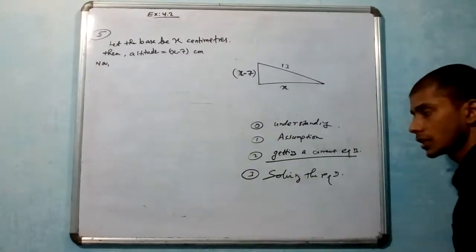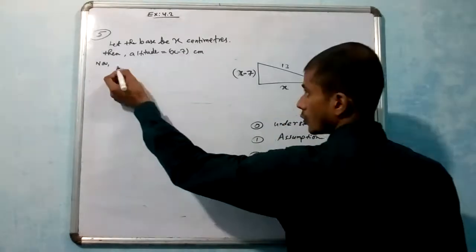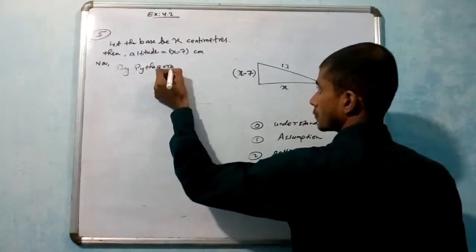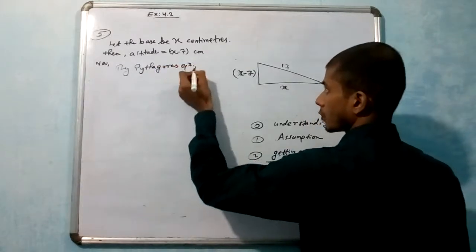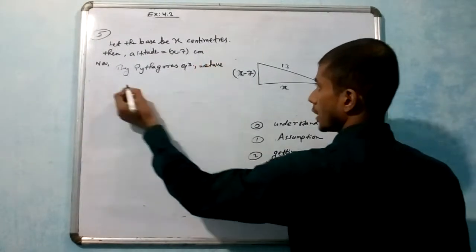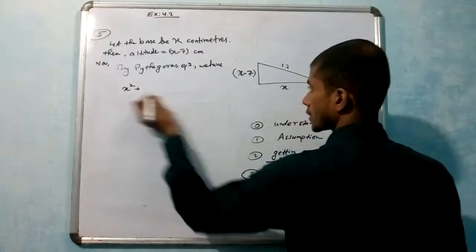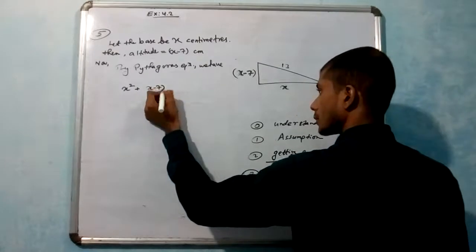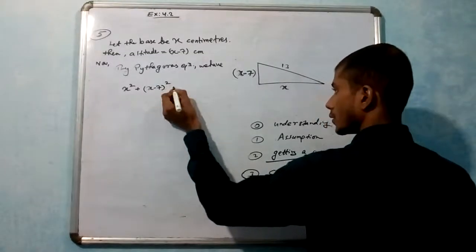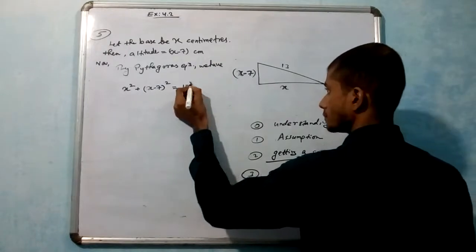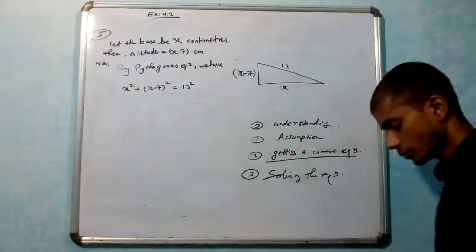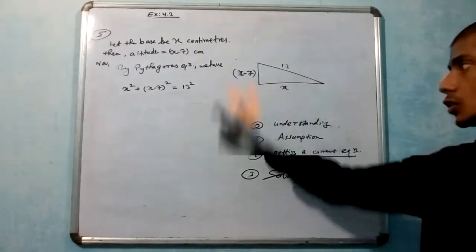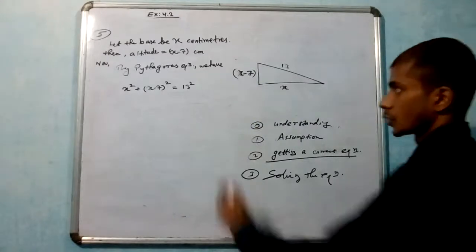So by Pythagoras theorem we have x square plus x minus 7 the whole square equals 13 square. Pythagoras theorem means the square of the hypotenuse is equal to the sum of the squares of the other two sides. So we got the correct equation. Now we need to simplify it.